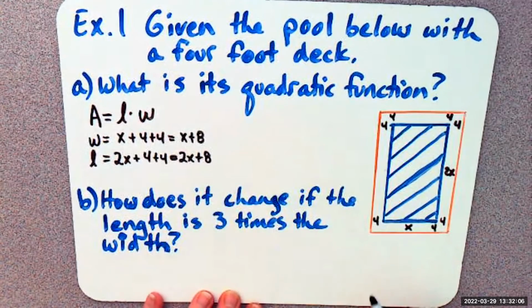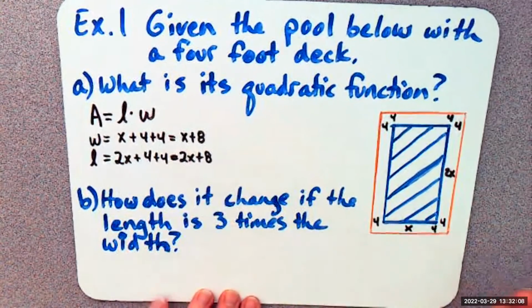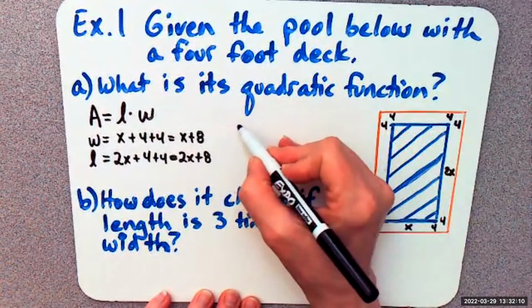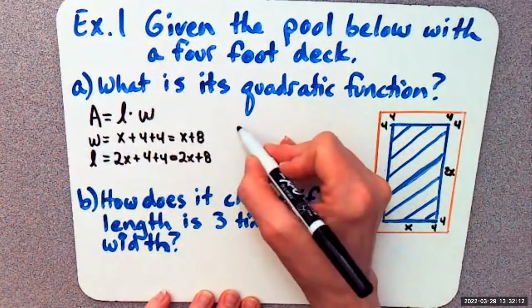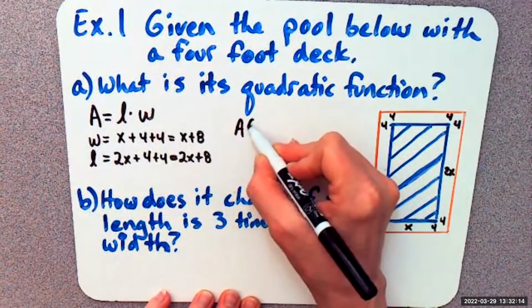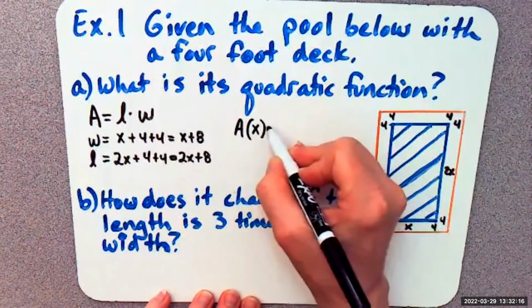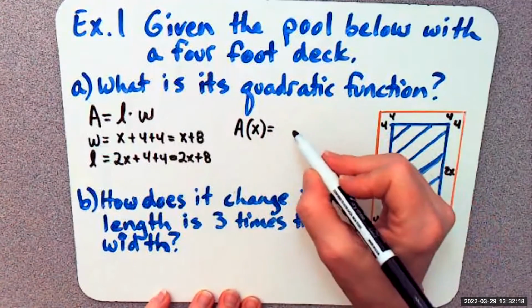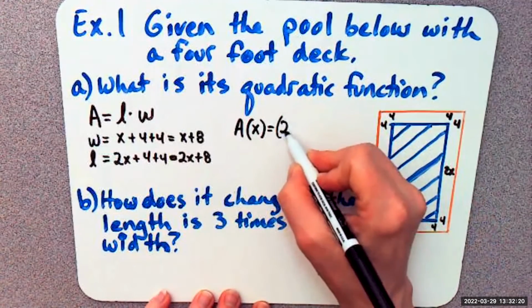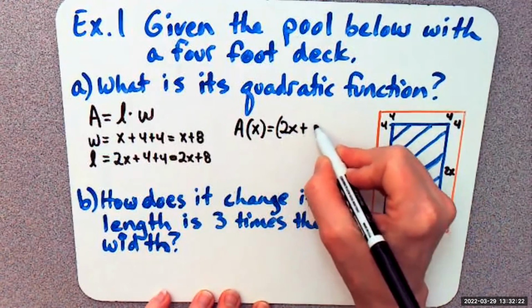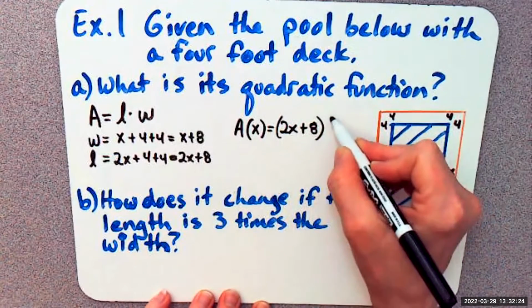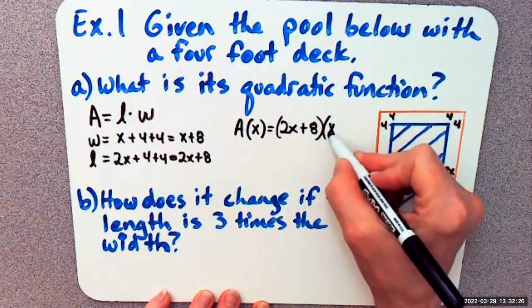All right, so now let's put this in a formula for area. Let's make this a function of x. So we're going to write A of x equals, and our length is 2x plus 8, and our width will be x plus 8.